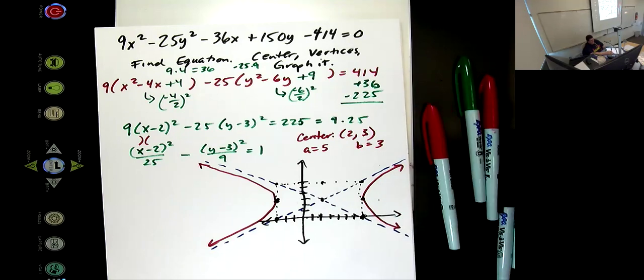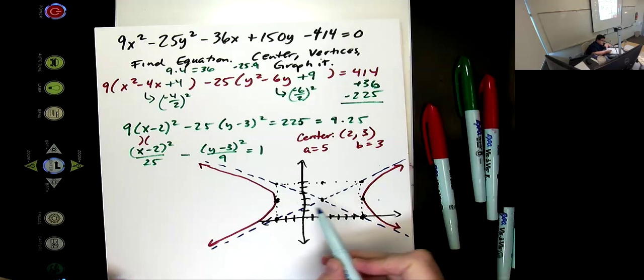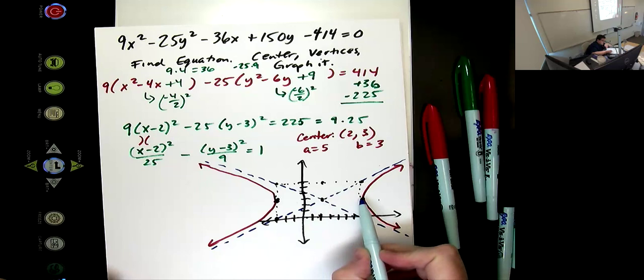So with that in mind, where are the vertices? Right, the maximum is 5. It's like you said earlier, 2 plus 5 and 2 minus 5.